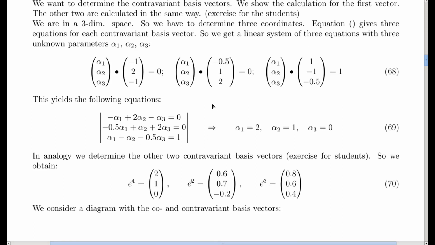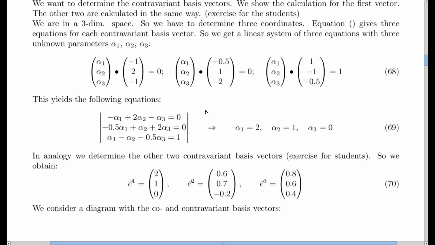If we want to calculate the first contravariant basis vector with the unknown components alpha 1, alpha 2, alpha 3, we can calculate the scalar product with other basis vectors, and the scalar product must be 0 if we multiply the E1 contravariant vector with the E2 covariant and E3 covariant basis vector, and we must get the result of 1 if we multiply E1 contravariant by E1 covariant.